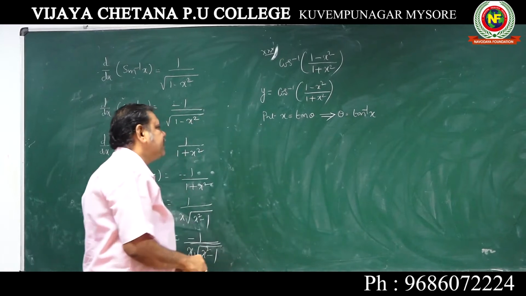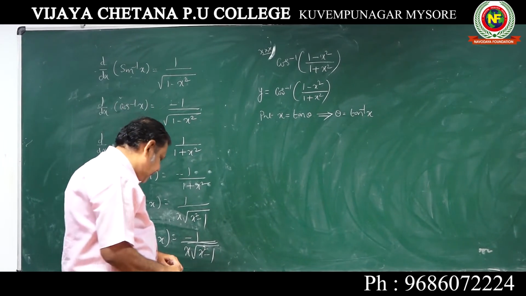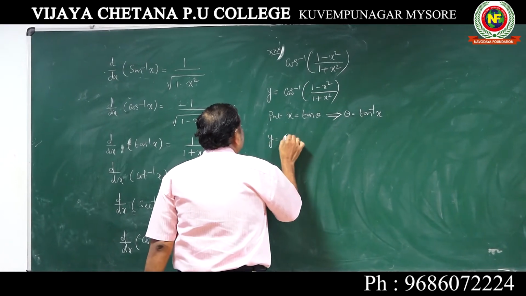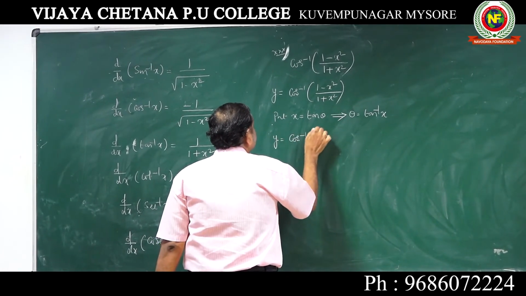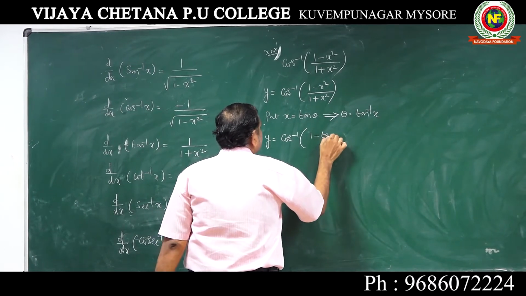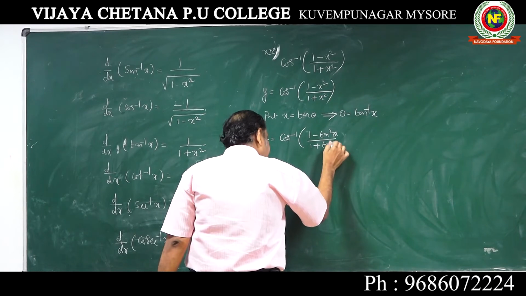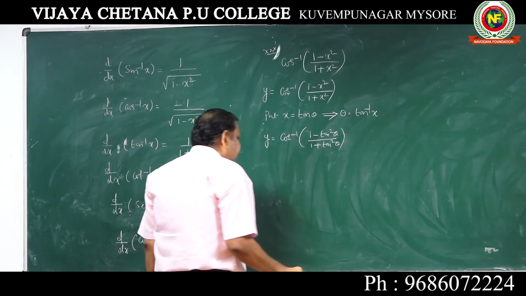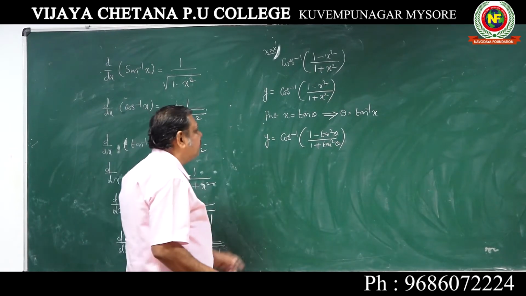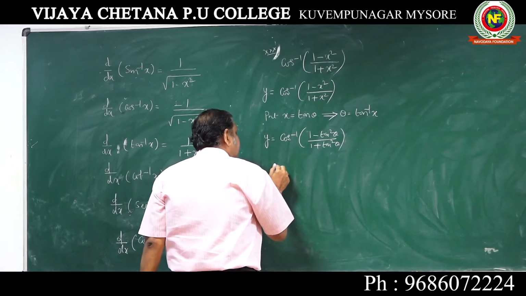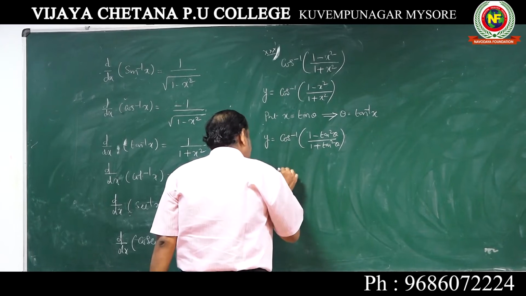The moment you put x equal to tan theta, theta will be tan inverse x, and y will be cos inverse 1 minus tan square theta by 1 plus tan square theta. Another formula, another golden formula. What is that 1 minus tan square theta by 1 plus tan square theta?